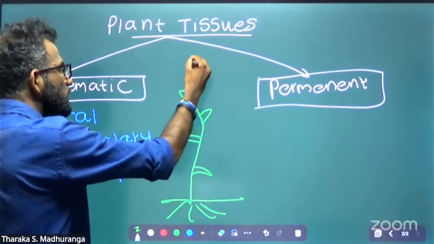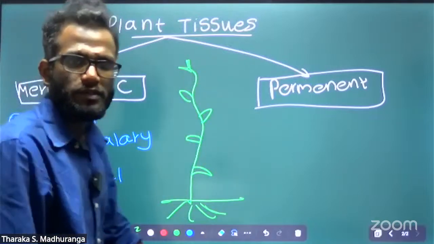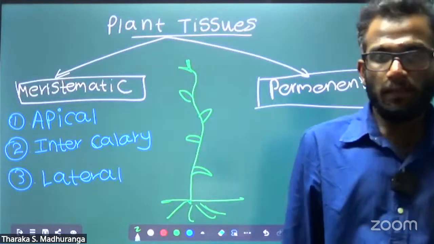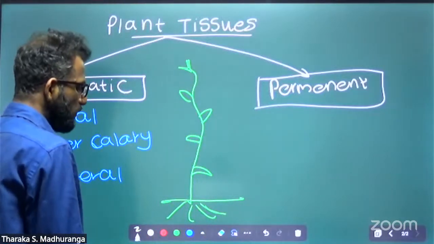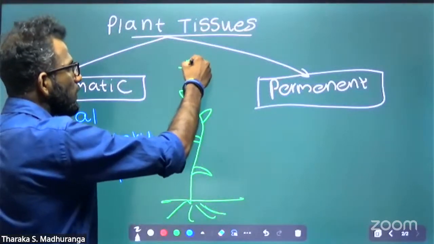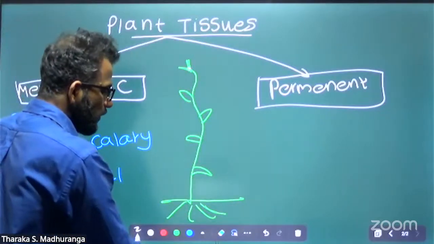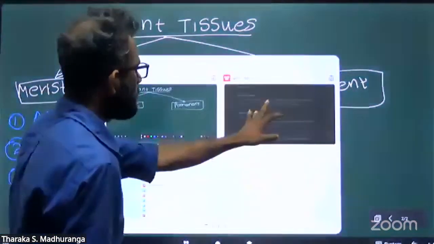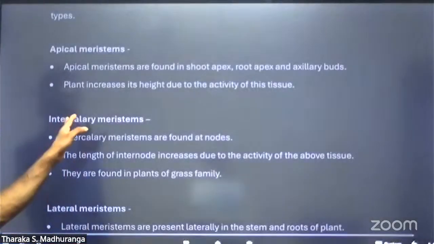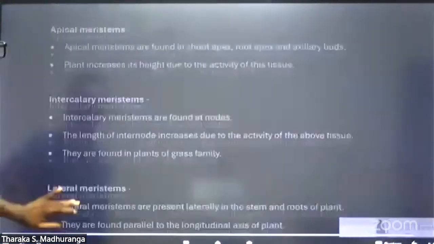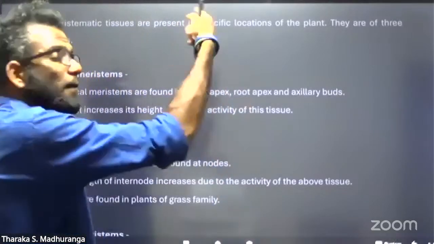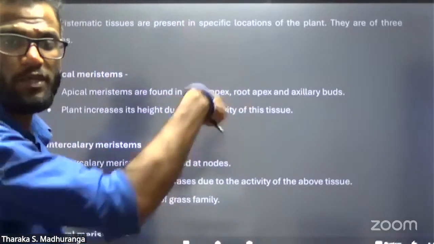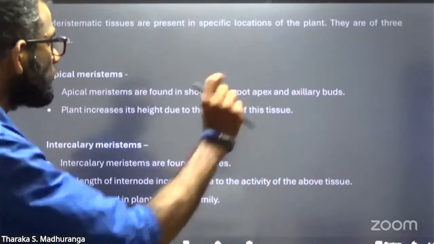Okay, think it is a small plant. The apical meristems are always present in bud areas, and you can read. Apical meristems are found in shoot apex. Shoot apex means the immature parts, the immature part at the end of the shoot.